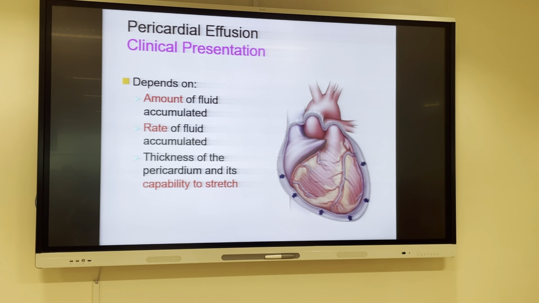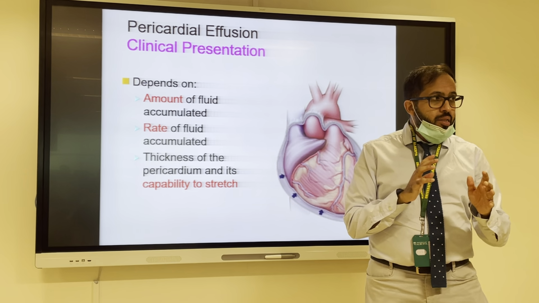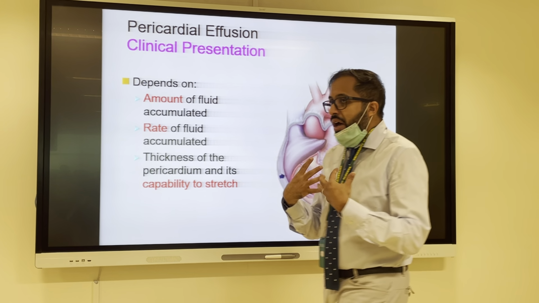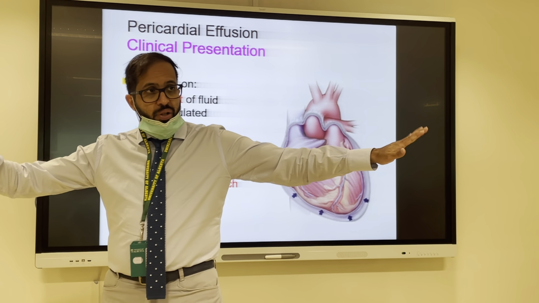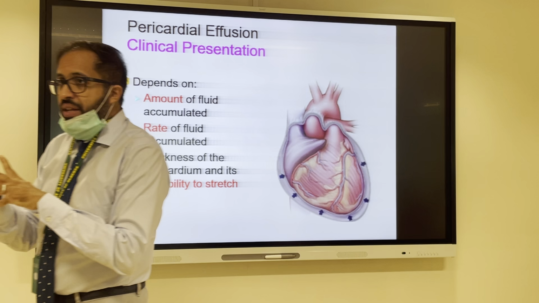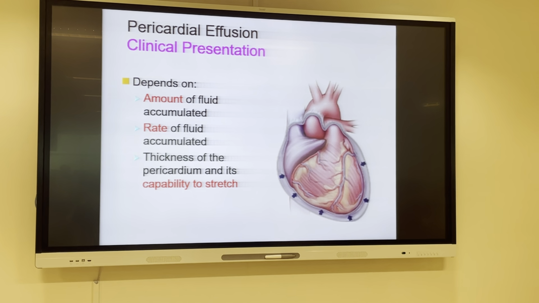Now, with the effusion, what happens depends on the fluid and how fast it accumulates; the body is able to accommodate it. For example, the most common cause of pericardial effusion is cancer. Cancer of some sort irritates the pericardium, starts producing fluid, and it accumulates over months before you can have a tamponade.